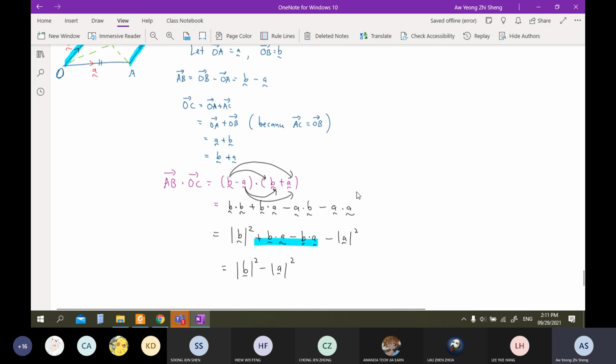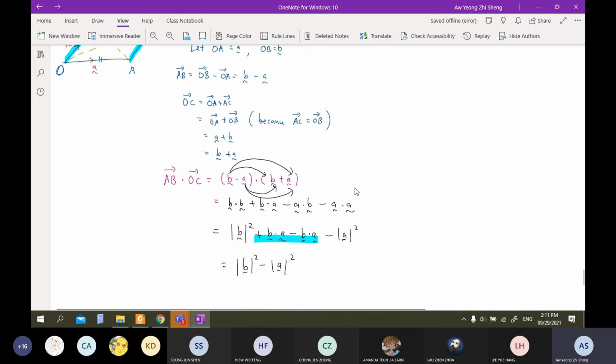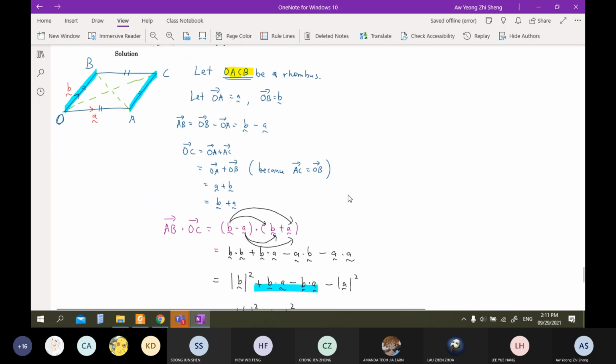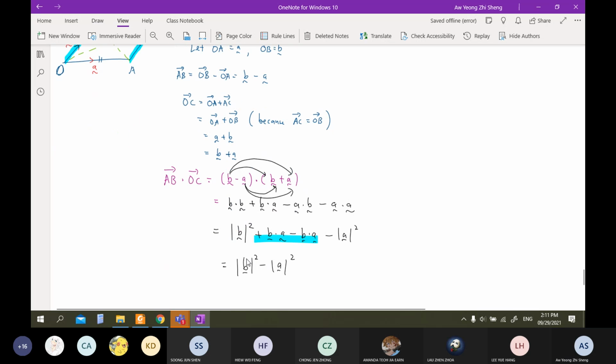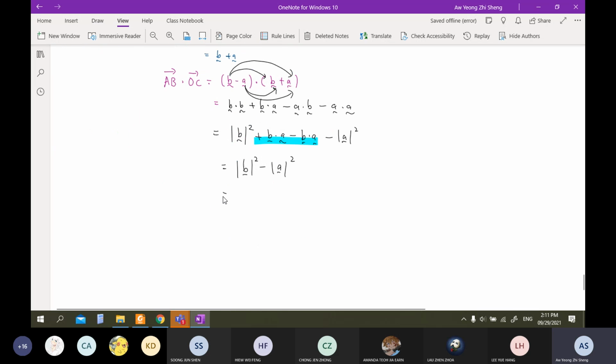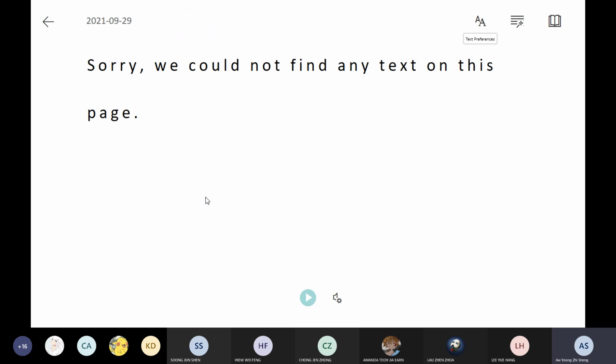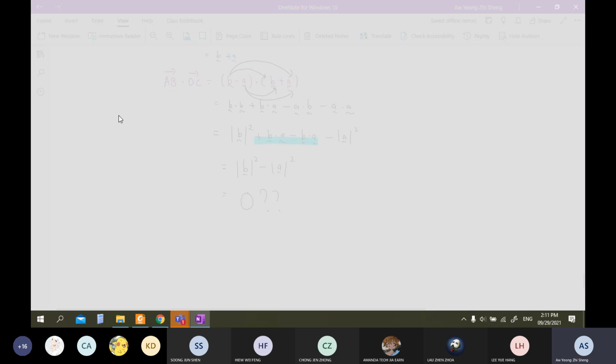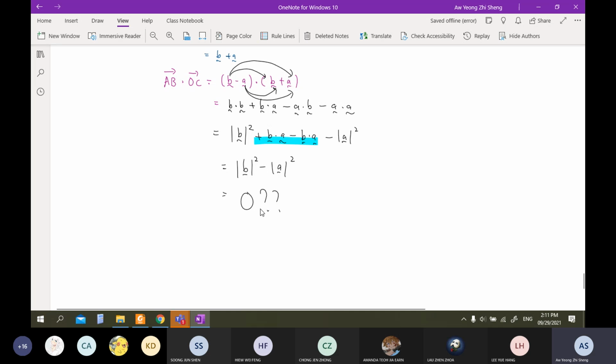What is our aim? Our aim is to get an answer of 0. So, how can we justify that this is actually 0? Yeah, the lengths are the same.